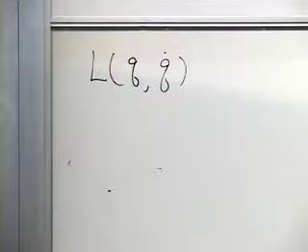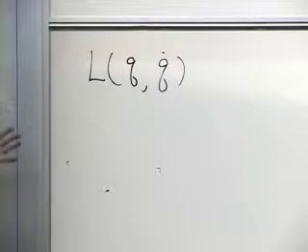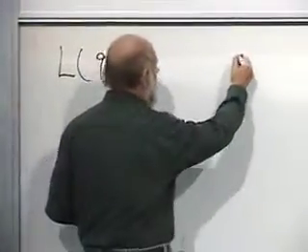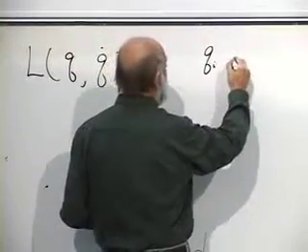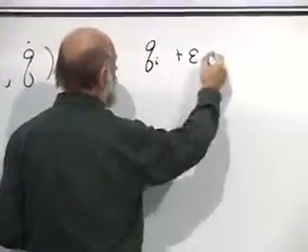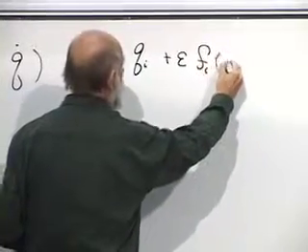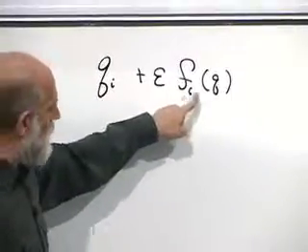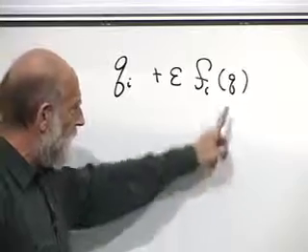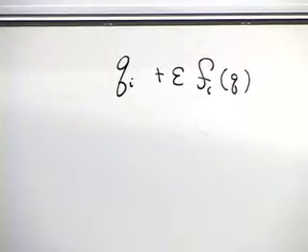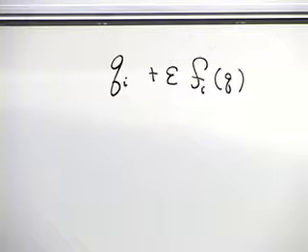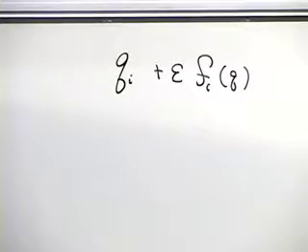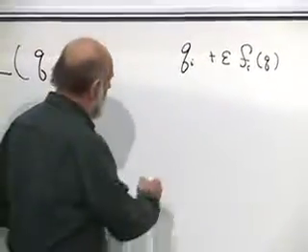Now, supposing the Lagrangian is unchanged if you make certain transformations on q, and in particular, if you take each q sub I and add to it a small change which has the form epsilon f sub I of all the q's. This means there's some ith function of all the q's, including q sub I, q1 through qn. Supposing if I make such a change, it's true that the Lagrangian just doesn't change. That's called a symmetry.